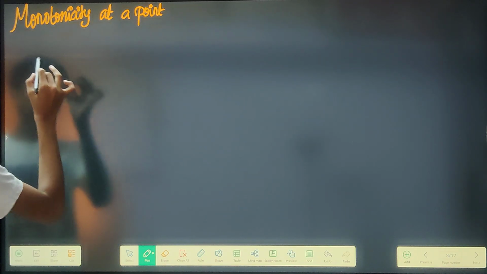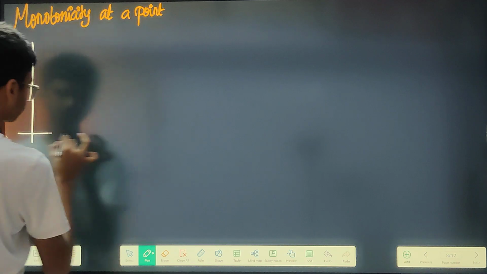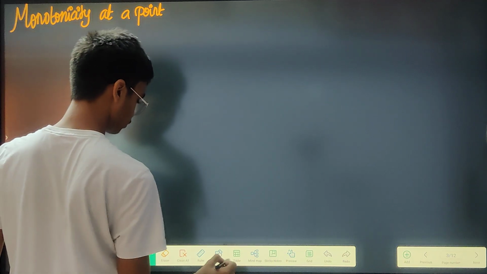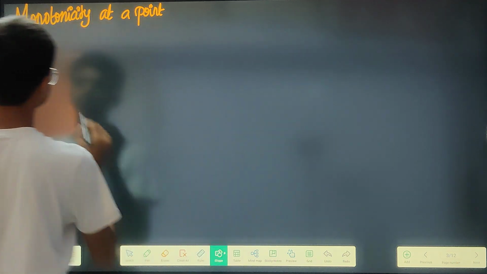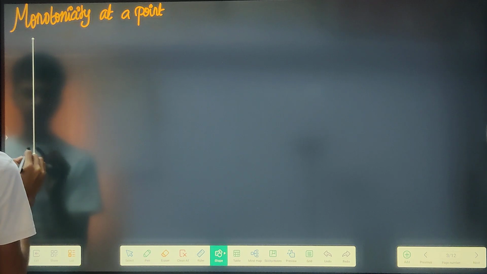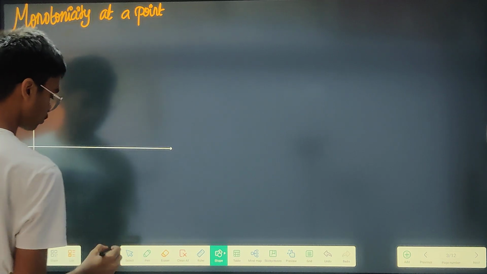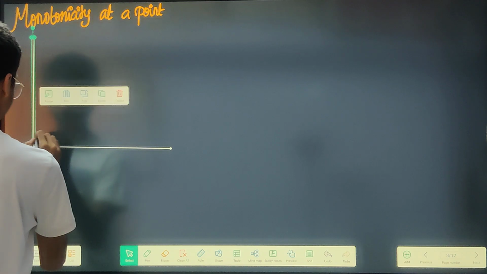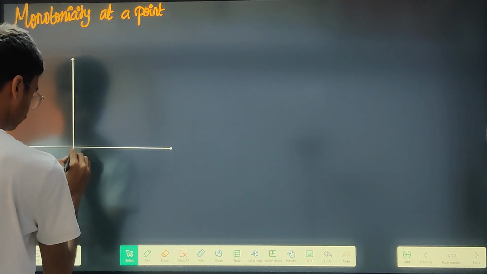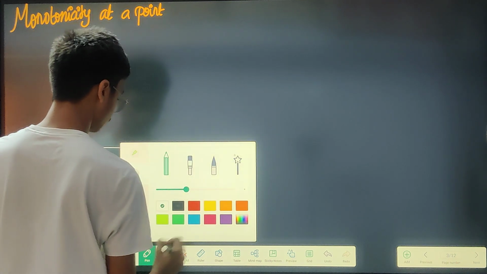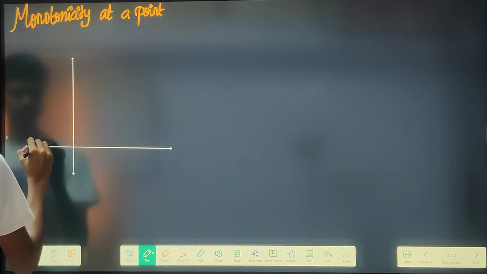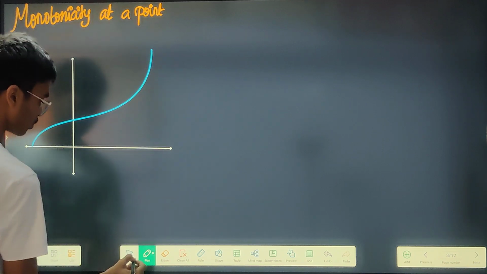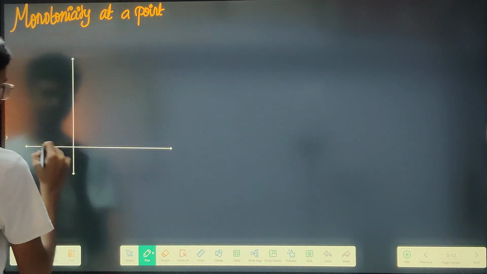You have to take the graph. For an example, I'm going to take this graph, or I can make any graph.